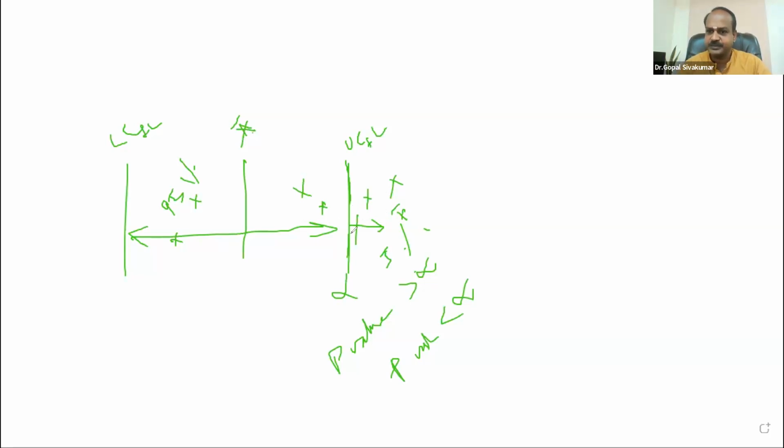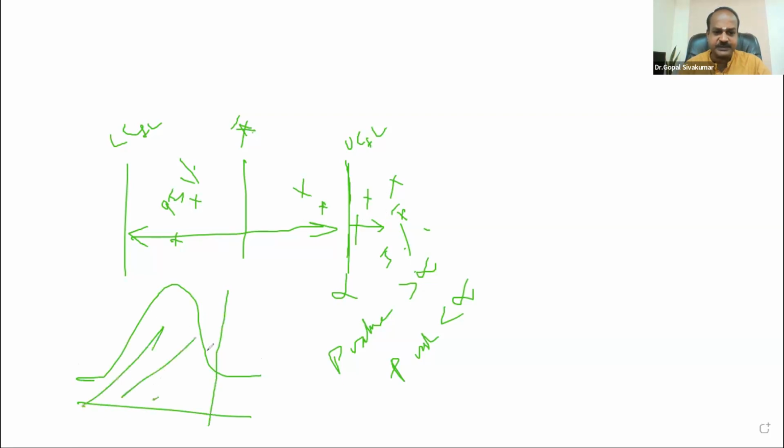Yes or no? See here, I have a bell curve. Let's say up to this, the area is 95%. So what is this line? This line is the line of significance. This area is 95%. So what is this area then? 5%. Am I right?